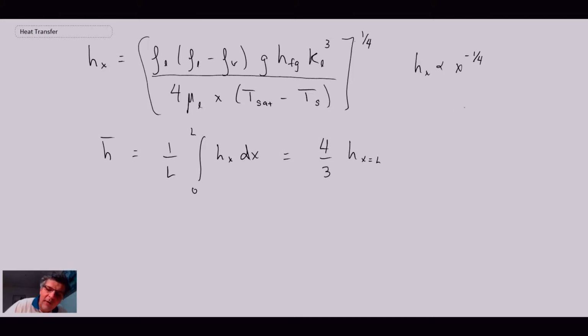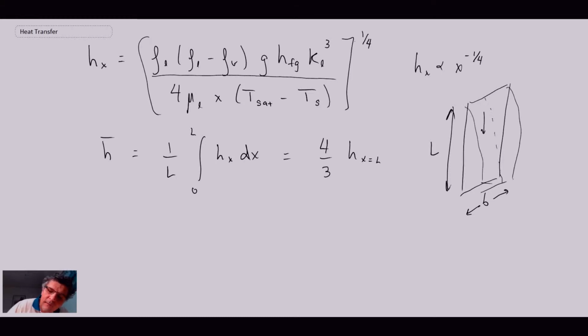If I draw this in three dimensions, we're looking at a plate of length L, and quite often we will assume a unit width B. We have our film forming and condensation forming like that, and then delta would be the thickness of the layer.